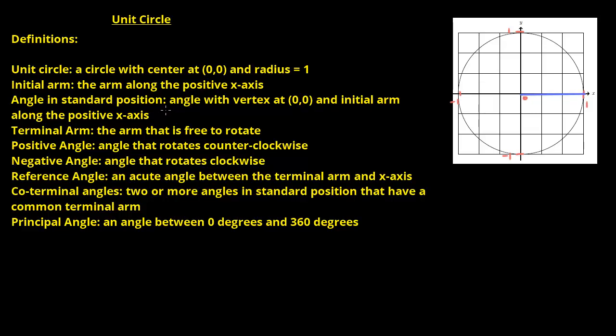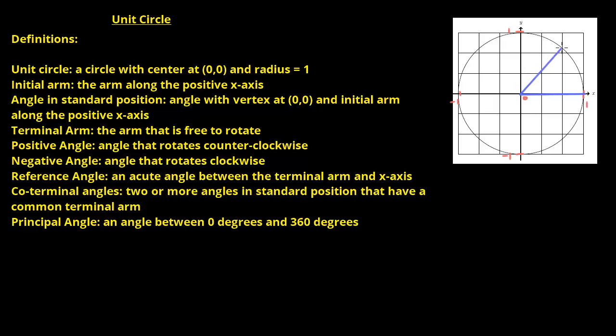Next, we've got an angle that's drawn in standard position. An angle in standard position has vertex at 0, 0 and initial arm along the positive x-axis. So let's draw this out. We've already got an initial arm drawn along the positive x-axis. Now we just need to draw an angle such that the vertex is at 0, 0 and has this initial arm.